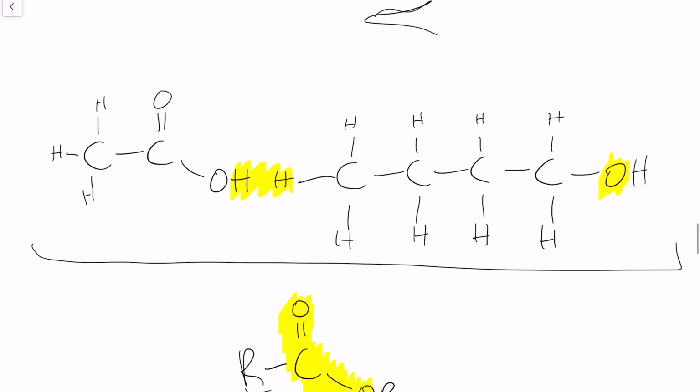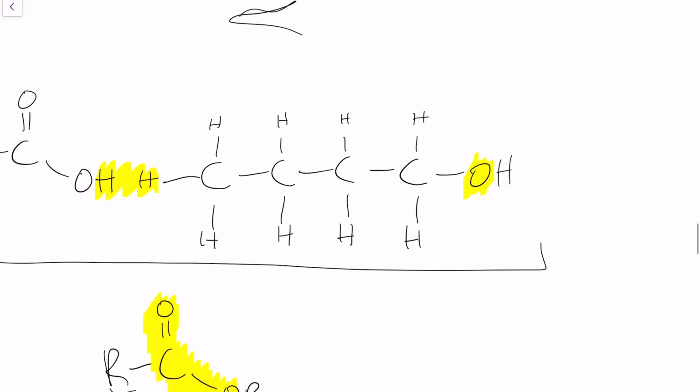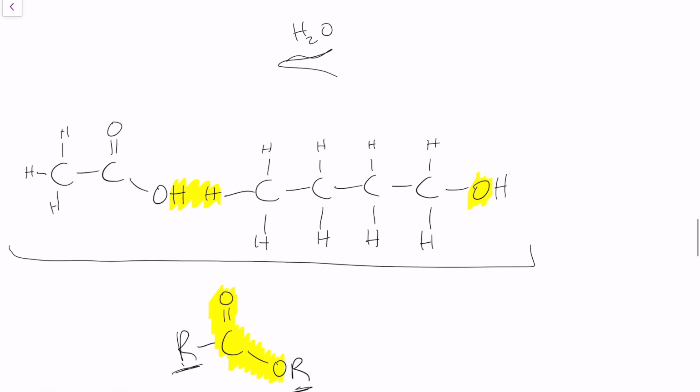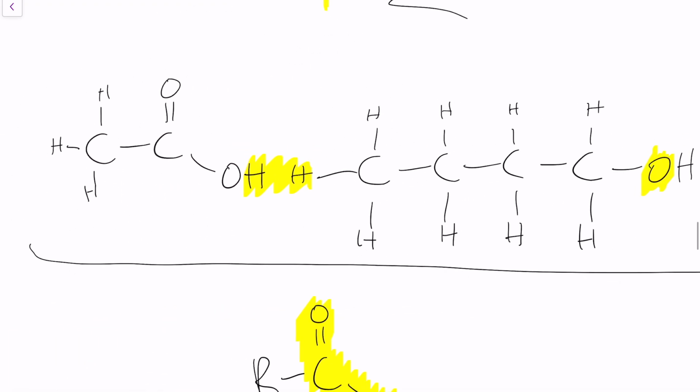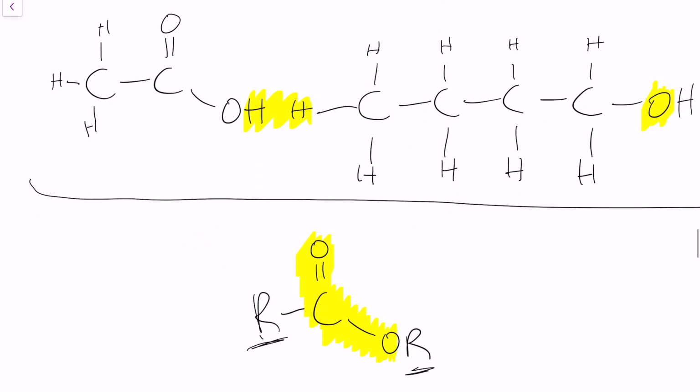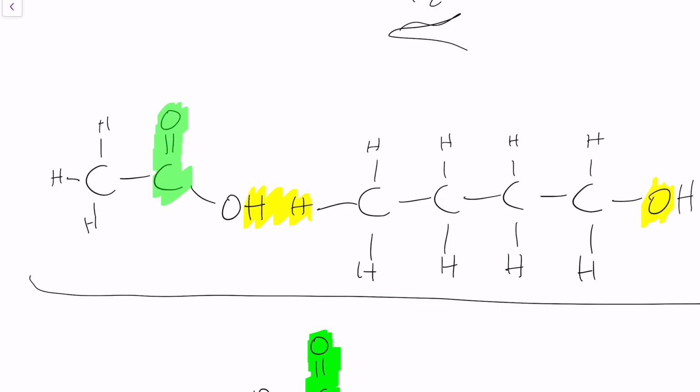Okay, so you can notice why I'm taking away specifically this O on the end as opposed to this O, because I want to keep that O for my ester group. I might highlight this in a different color just to be distinct. So this is my ester group in green. That is equivalent to this section right here from my carboxylic acid.